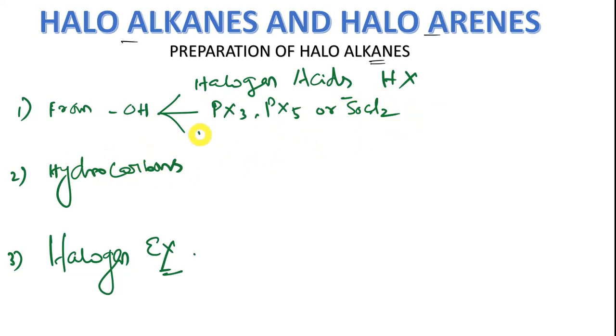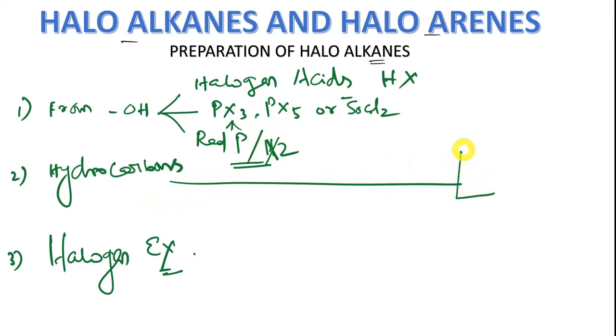And another method is red phosphorus with halogen X2. This in turn will create a trihalide in the reaction, right? That's a method.